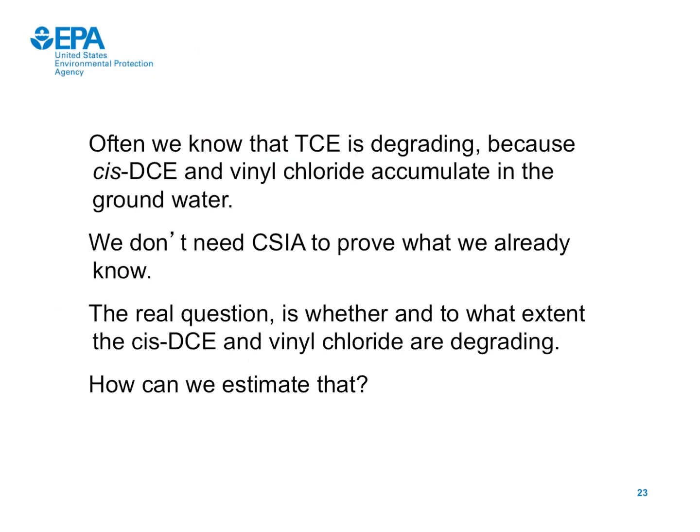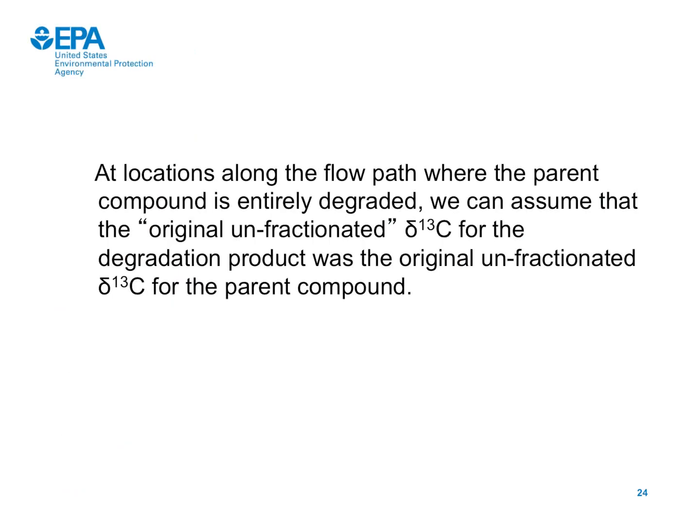Next slide. But that's really not what we're trying to do. I mean, we know TCE is degrading because we have cis and vinyl chloride accumulating. So we really don't need the CSI to prove that. What we're really interested in is whether these daughter products are degrading. And so let's go to that question. Next slide.